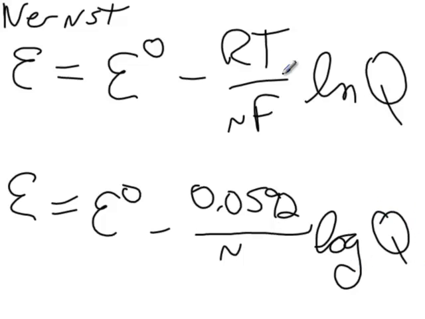Now, Nernst equation is particularly useful when you have something called a concentration cell. A concentration cell is one in which you have the same substance on both sides of the cell, but one is more concentrated than the other.